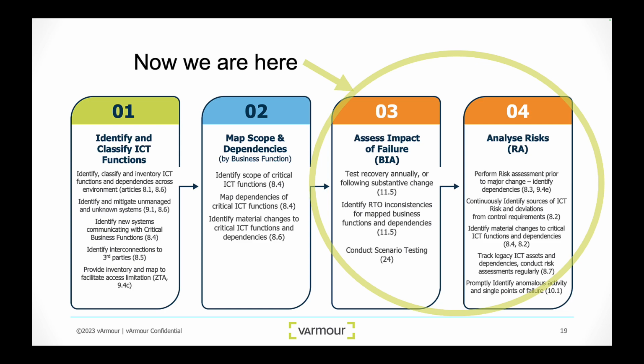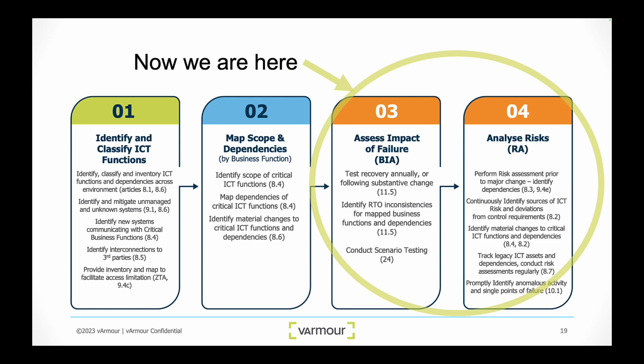That starts with identifying and classifying every ICT function within an environment to avoid blind spots where risks and vulnerabilities can hide. We then moved on to step 2, the mapping of the systems and dependencies required to deliver business functions, in particular critical business functions and important business services, in order to ensure operational and cyber processes are conducted precisely, leveraging the appropriate situational awareness.